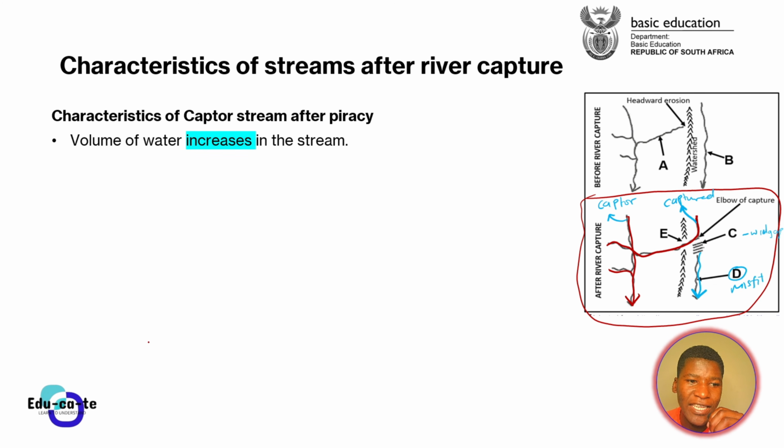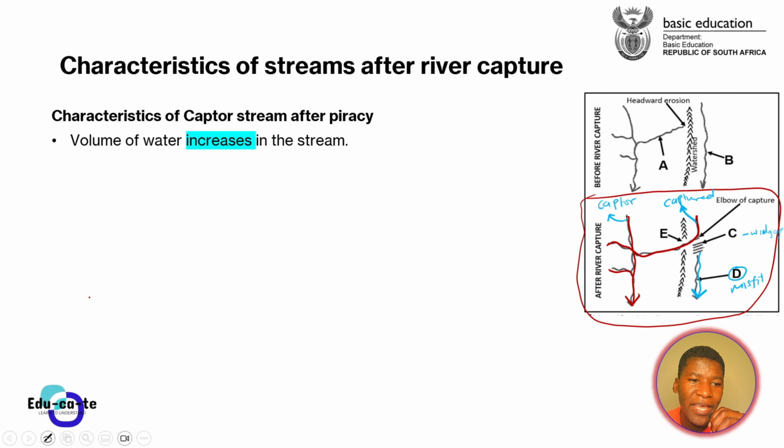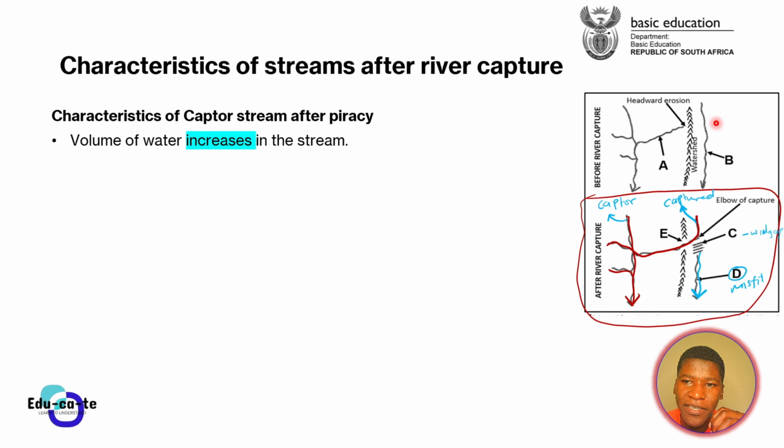You can see that here at first the captured stream was just flowing in this direction, quietly, peacefully. But because the captor stream has eroded through the watershed and was able to reach the captured stream, it was able to steal its waters such that the captured stream's waters were starting to flow towards the captor stream, towards the more energetic river.